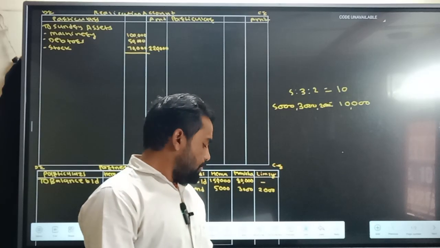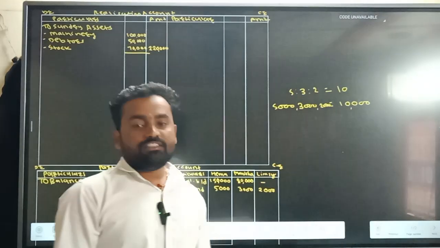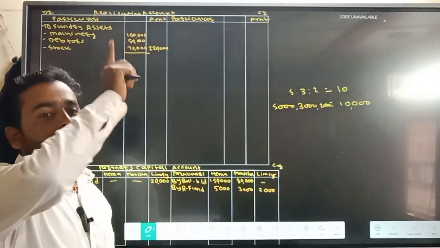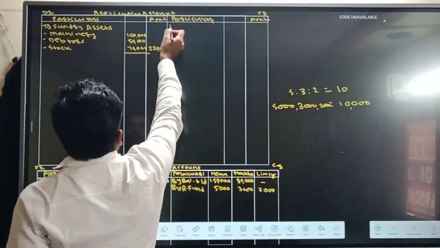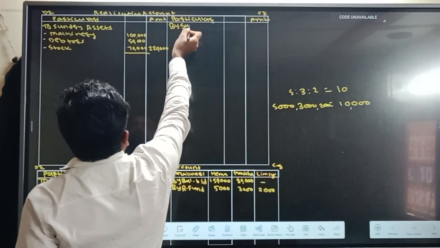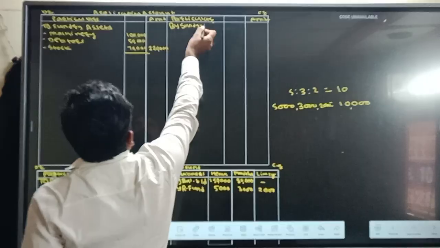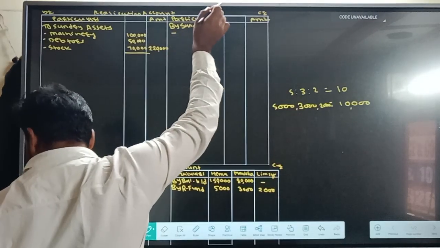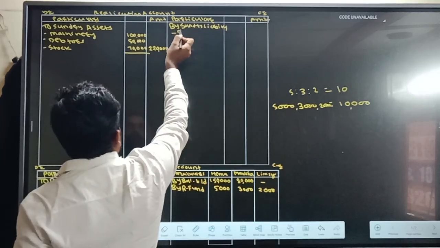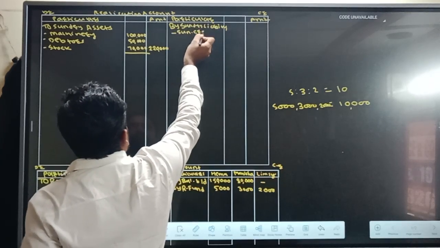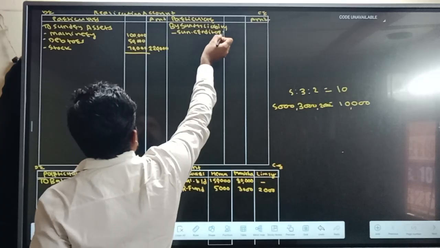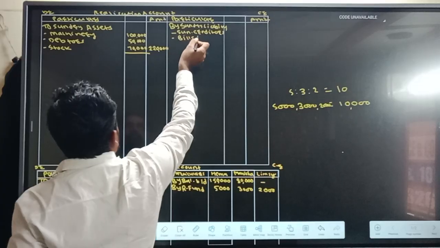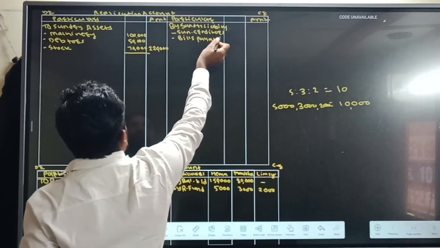Next, reserve fund done. Sundry creditors and bills payable: these are two liabilities, and liability is credit side, so liabilities are transferred to the credit side of the realization account. Write by sundry liability: sundry creditors and then bills payable.